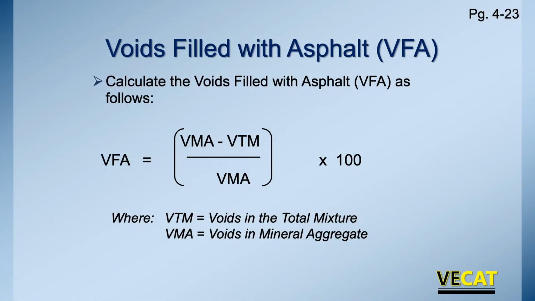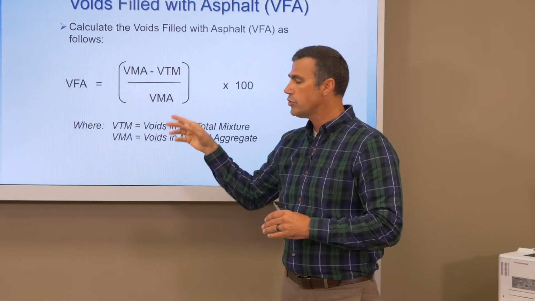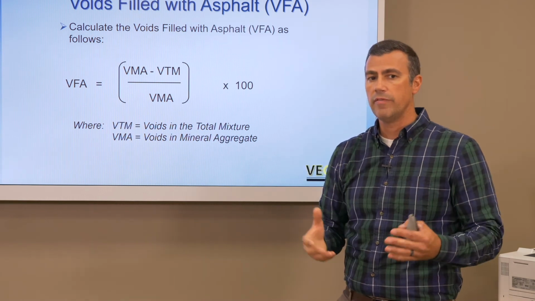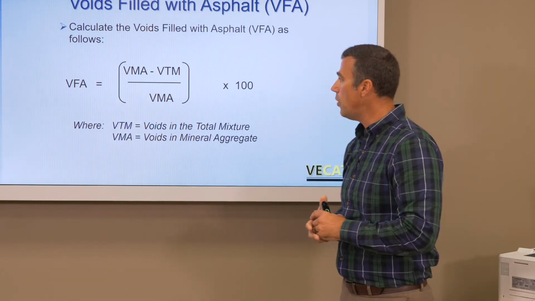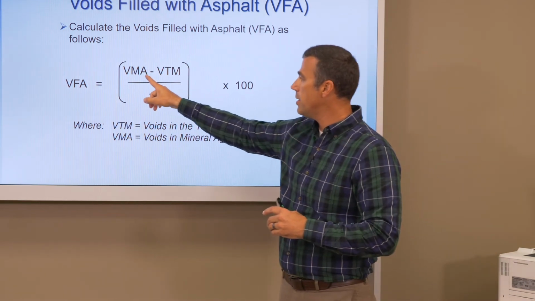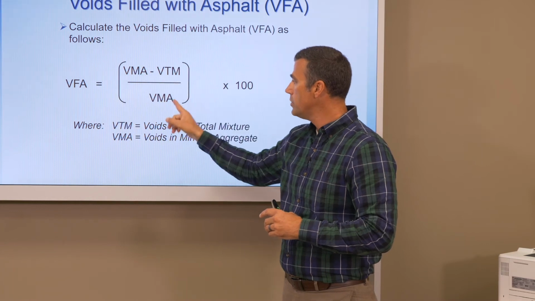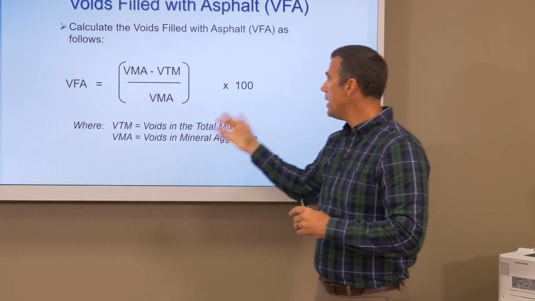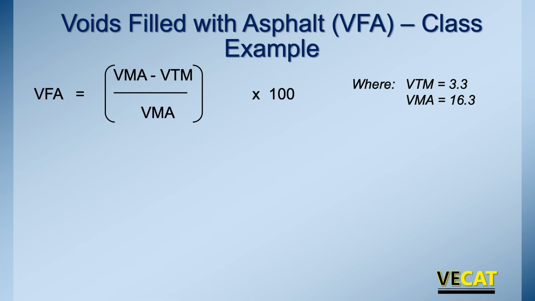To calculate voids filled with asphalt, you see our formula here, and you see it's essentially a ratio of the VMA and the air voids, because we're trying to determine what percentage of our VMA gets filled up with asphalt. So to do that, we take our VMA, we subtract our air voids, divide that by our VMA times 100. Okay? So as an example, we earlier calculated an air void, or a VTM, of 3.3% air voids.